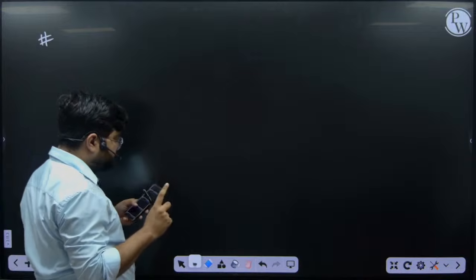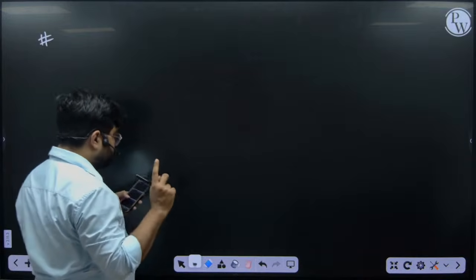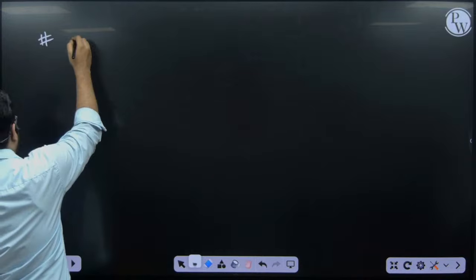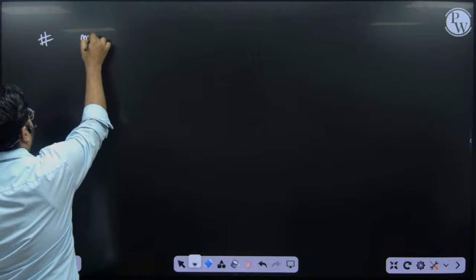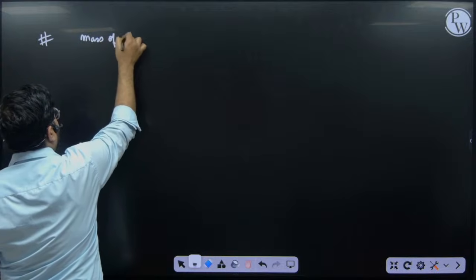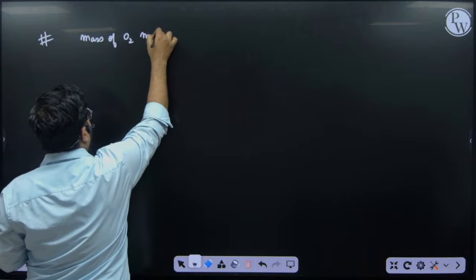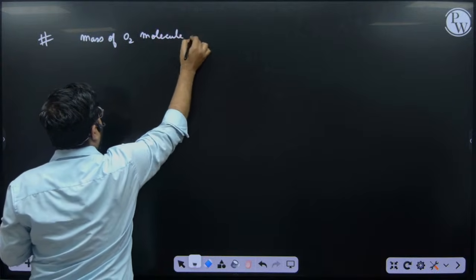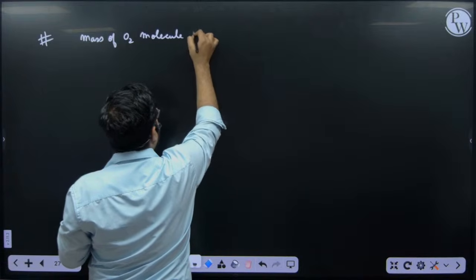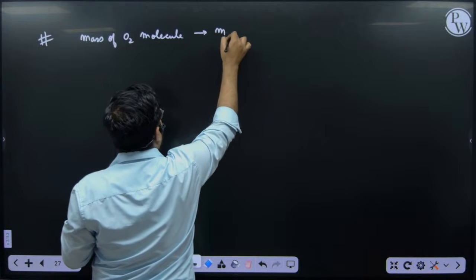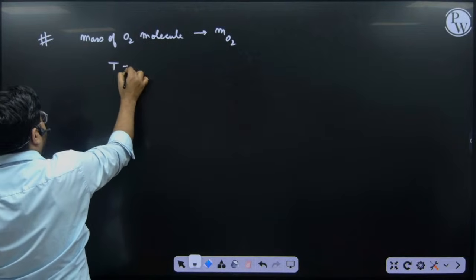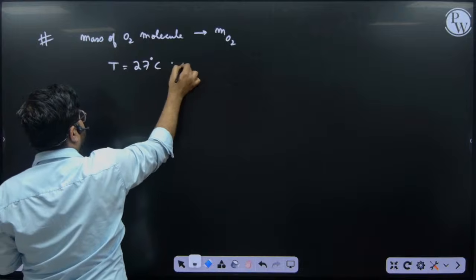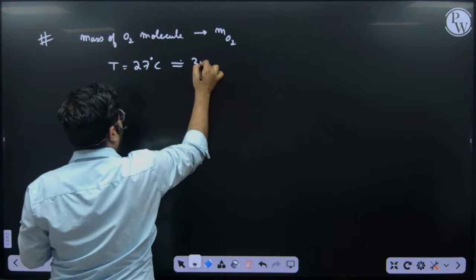Given mass of O2 molecule is MO2 and temperature is 27 degrees Celsius. So mass of oxygen molecule is given as MO2 and the temperature is given as 27 degrees Celsius, which is 300 Kelvin.